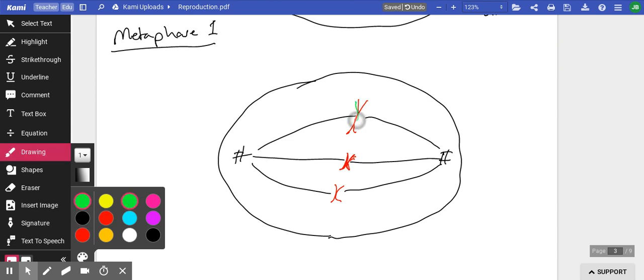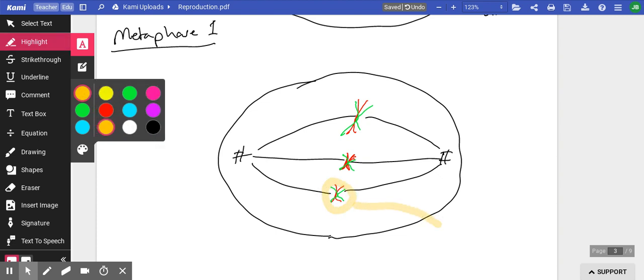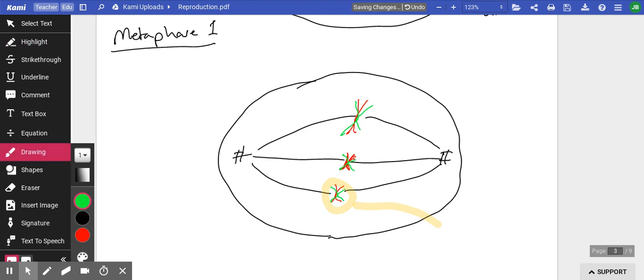And the homologous chromosomes are attached. And so we wind up with this structure, and the structure is called a tetrad. So I think we'll use a highlighter, and we'll just highlight to make our comment on that.